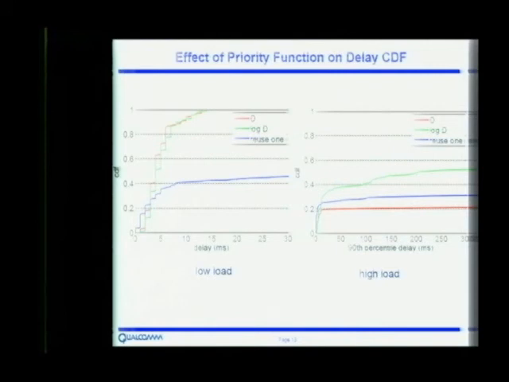But I could have had another set of plots showing the delay across all the packets. No, but the 90th percentile is within one user.